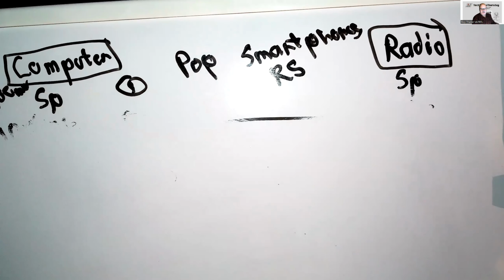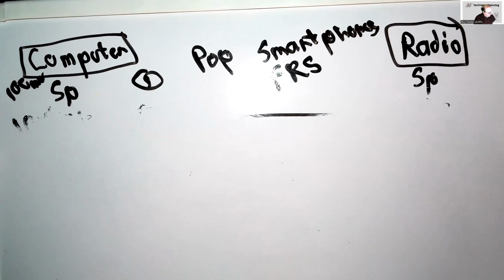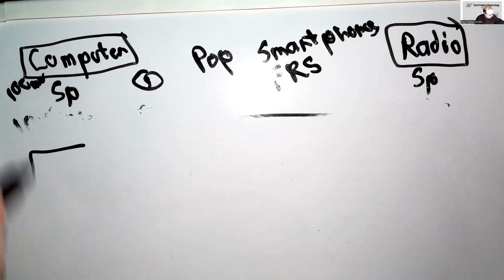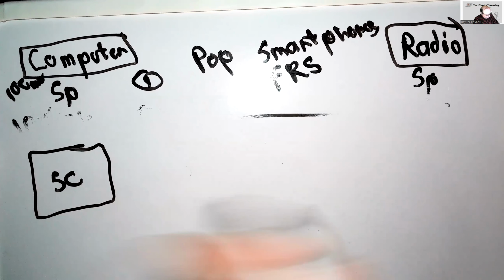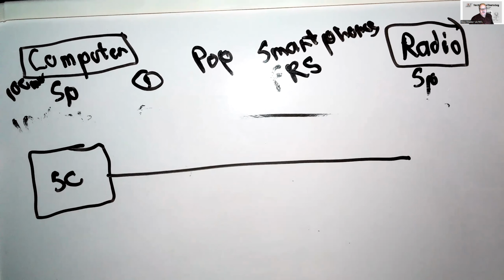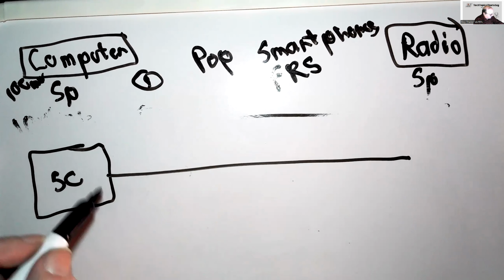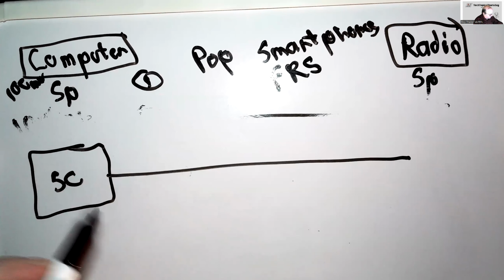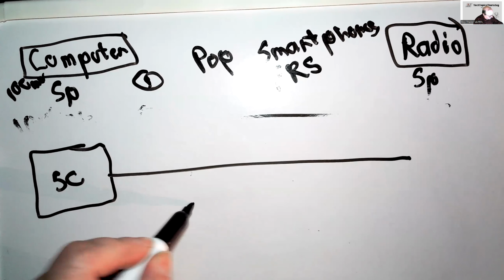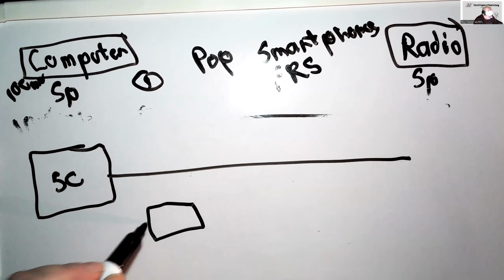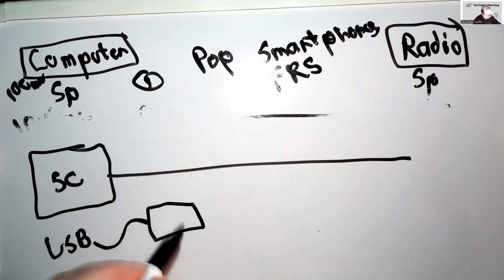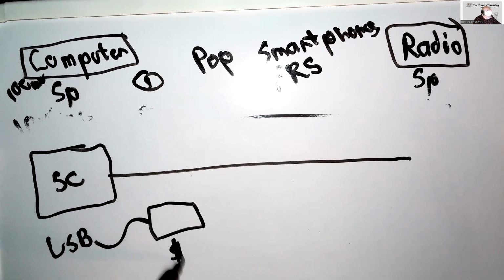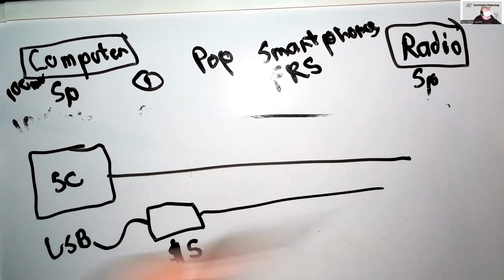So basically, what you have here is your sound card, and then you run your things into the sound card here. So what people have found is, rather than blowing up their sound card in their computer, they have gone to a different sound card that you can probably get for about $5 or so, and then plug it into your radio here.